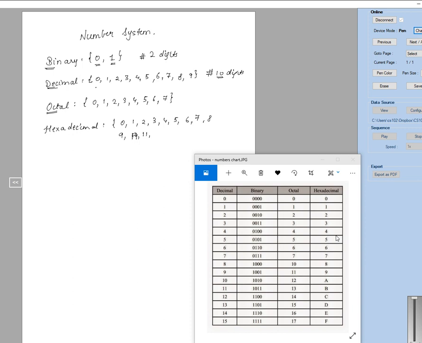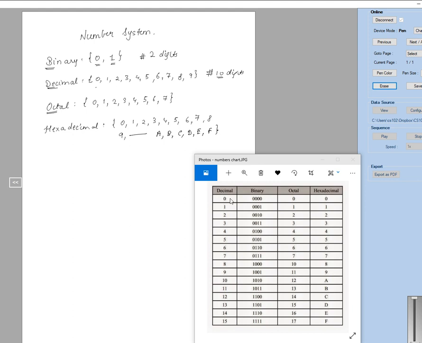It is represented by A. So let me just erase this. So after 9, we have A, B, C, D, E, and F.